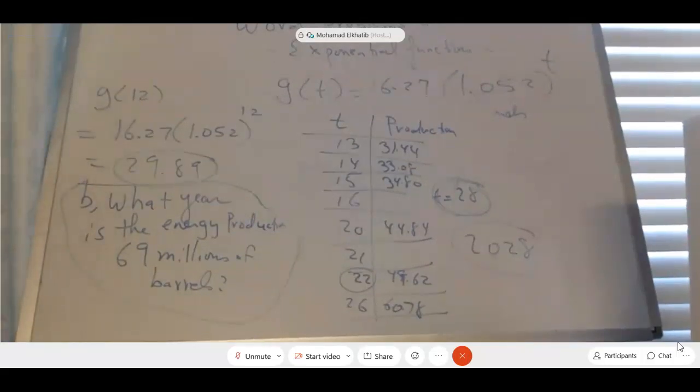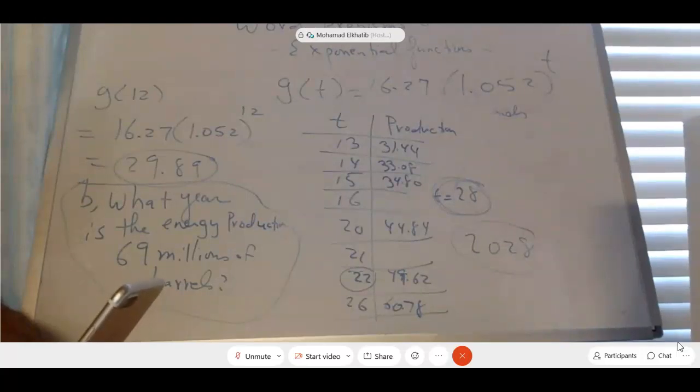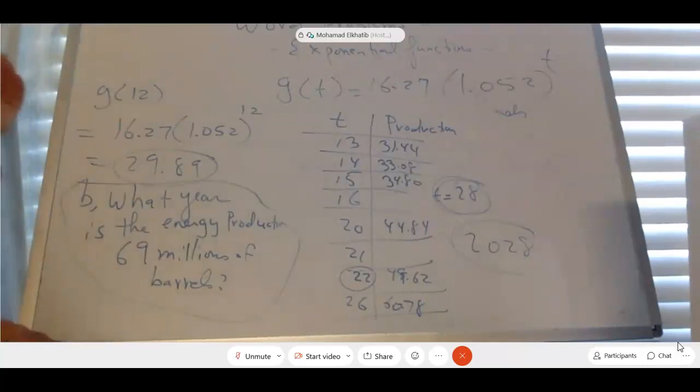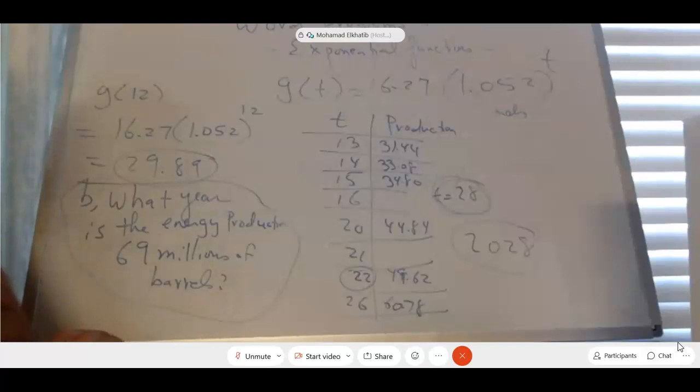So go ahead and copy it, and then I'll introduce you to logarithmic functions. You all still need the board, or shall I erase it?